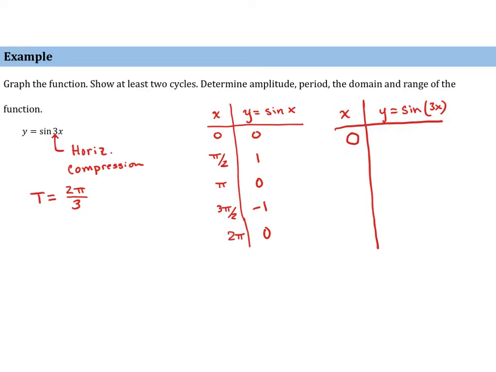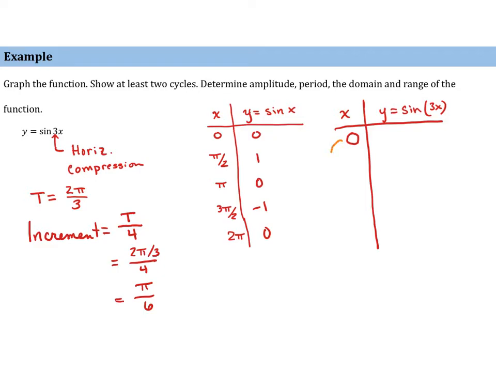So our original increment was pi over 2. How will we obtain our new increment for our x values? So our increment is easily determined by taking the period and dividing it by 4. This is taking our whole period and dividing it into quadrants. So 2 pi over 3 divided by 4 gives us pi over 6.